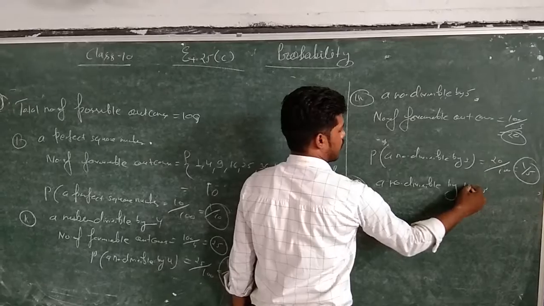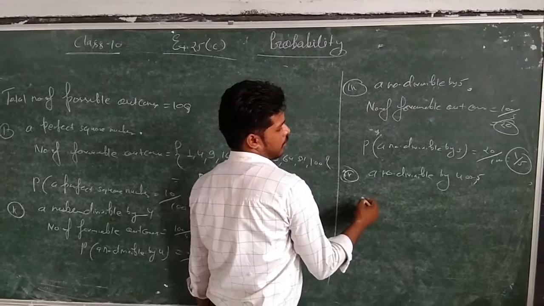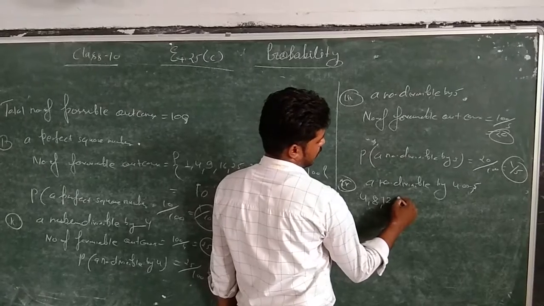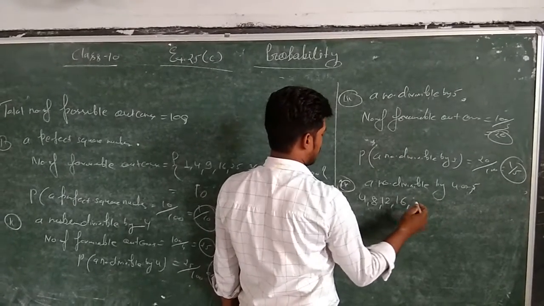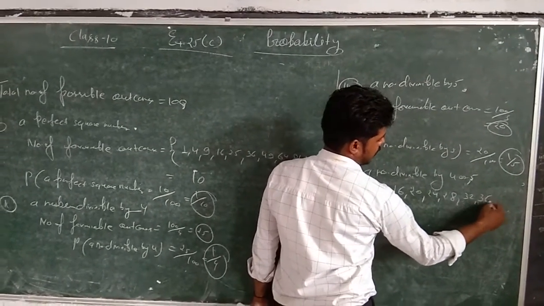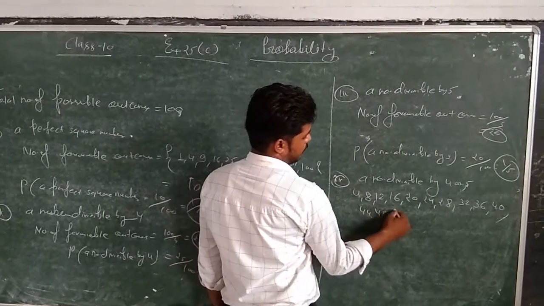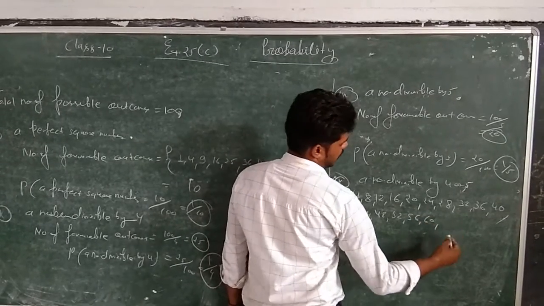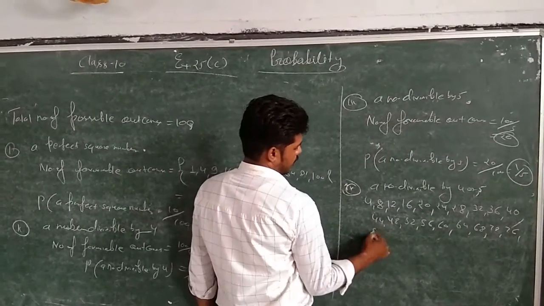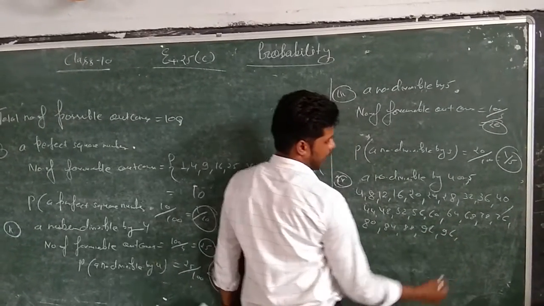Simply, if we find out numbers which are divisible by 4, mention the numbers: 4, 8, 12, 16, 20, 24, 28, 32, 36, 40, 44, 48, 52, 56, 60, 64, 68, 72, 76, 80, 84, 88, 92, 96, and then those divisible by 5.